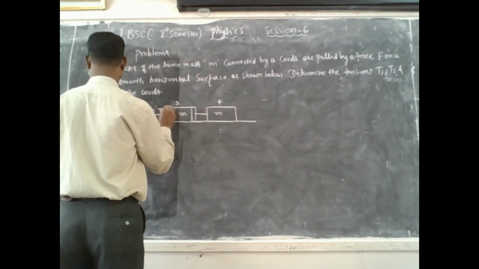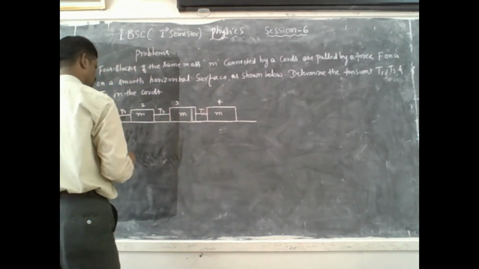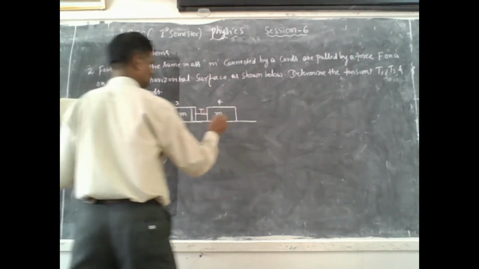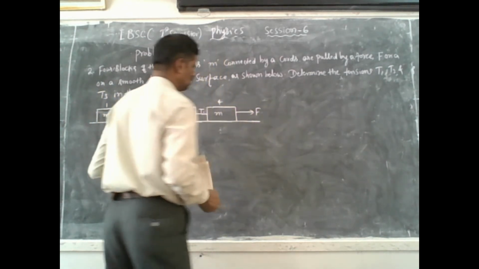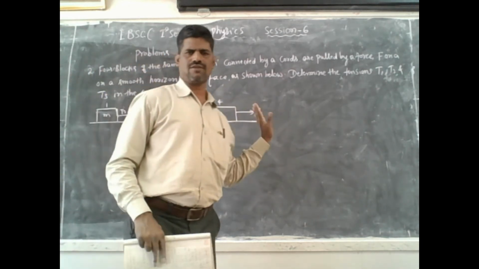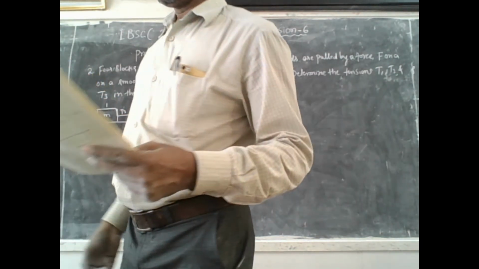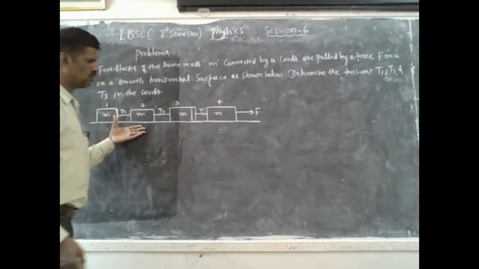T3, T2, T1. The four blocks are pulled by a force F, isn't it? So this is the complete question, and this is the horizontal smooth surface.